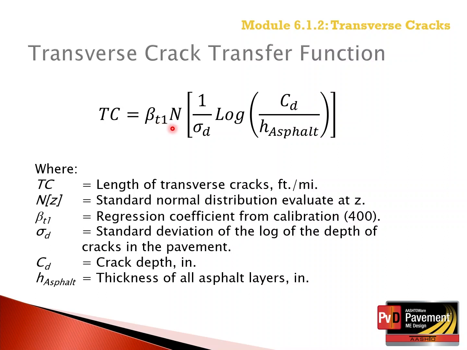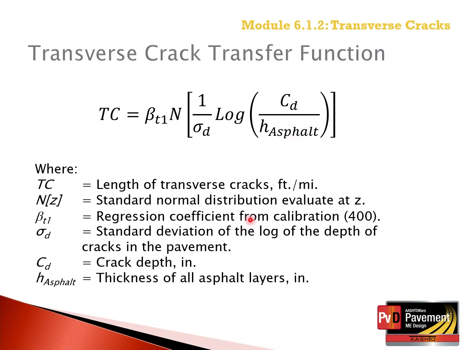The standard normal distribution of the crack depth relative to the total layer thickness defines the distribution of transverse cracks, which is also related to the total thickness of all asphalt layers.